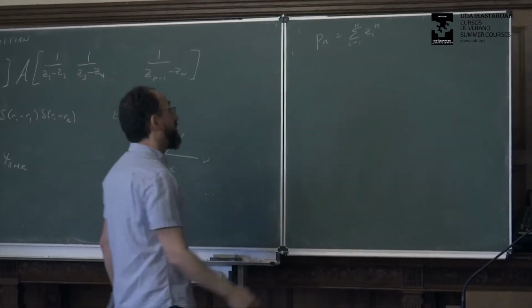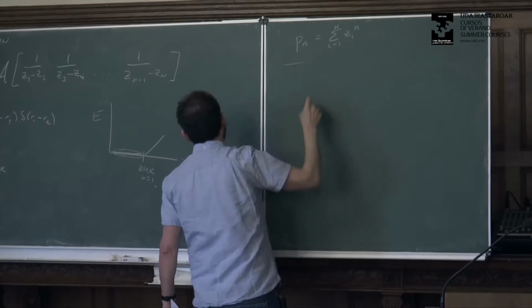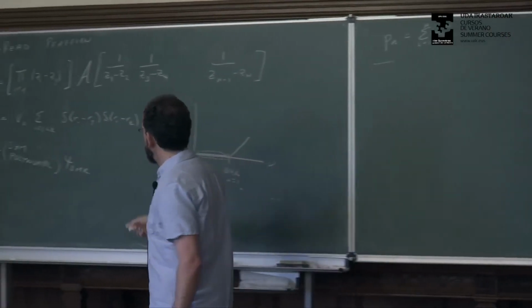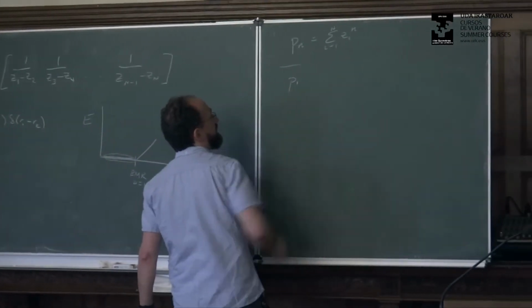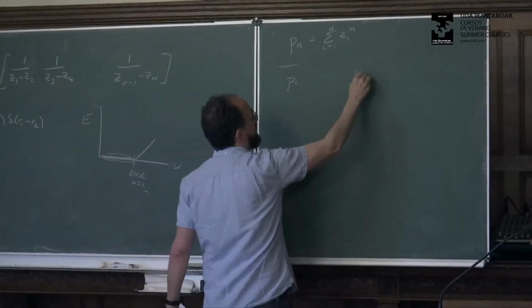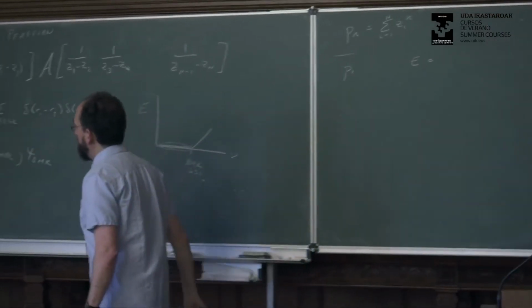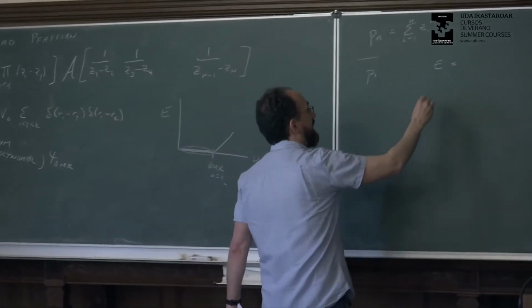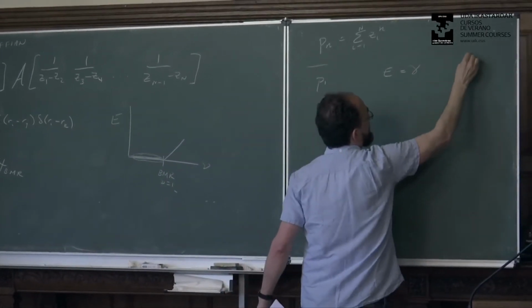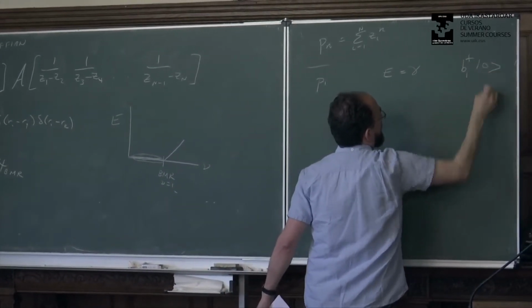The only polynomial I can write down which is degree 1 is just p1. Its energy is 1 unit of angular momentum, so the energy is just gamma. And we said that's really the same as b dagger 1 on 0.